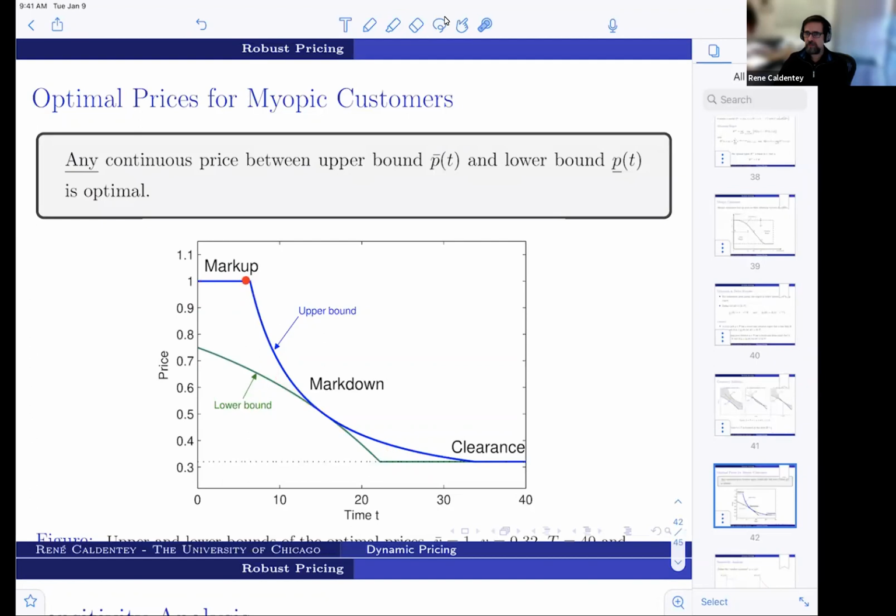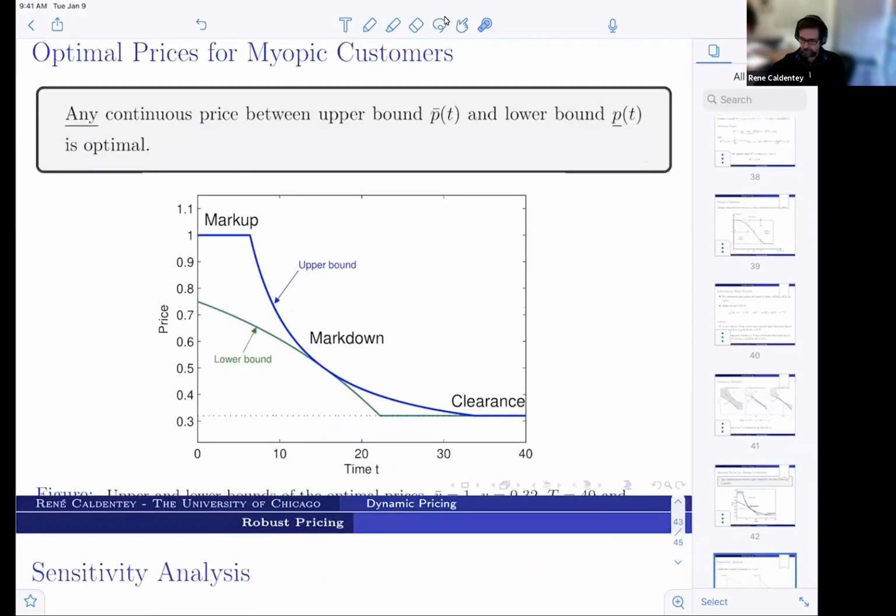There is an initial markup, and then it goes through a markdown and eventually reaches this clearance where the price is at the lower limit. So the blue gives you a typical trajectory that we see out there, but with the advantage that this trajectory is generated in an environment where you have basically no knowledge of customers' demand information, and you are coming up with a robust pricing strategy that minimizes the regret that you incur.